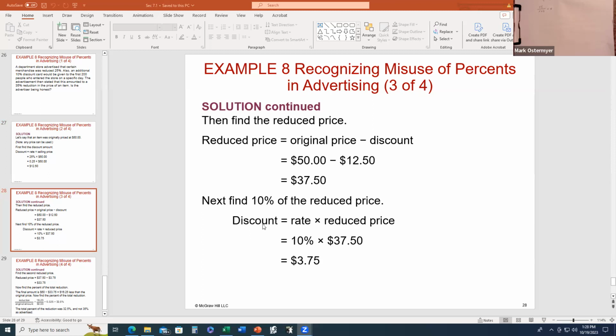So what amount of discount do we take off of the $37.50? That's going to be 10% of $37.50, which is 0.10. They did not show the step here, but you'd have to turn the percent to a decimal again, 0.10, and then you multiply it by the $37.50. And they're going to take off an additional $3.75. Okay, fair enough so far.